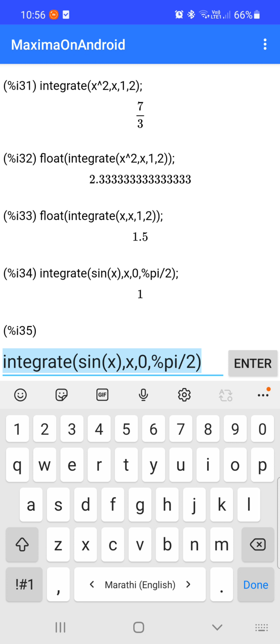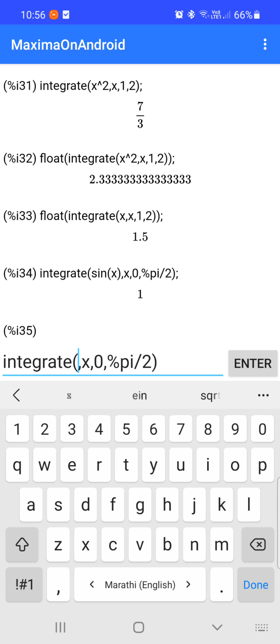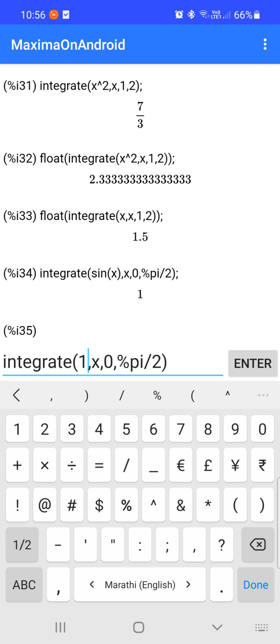The integration of 1 divided by 1 plus x square from 0 to 1. We know that the integration of 1 divided by 1 plus x square is tan inverse x, and tan inverse 0 is 0, tan inverse 1 is pi by 4.